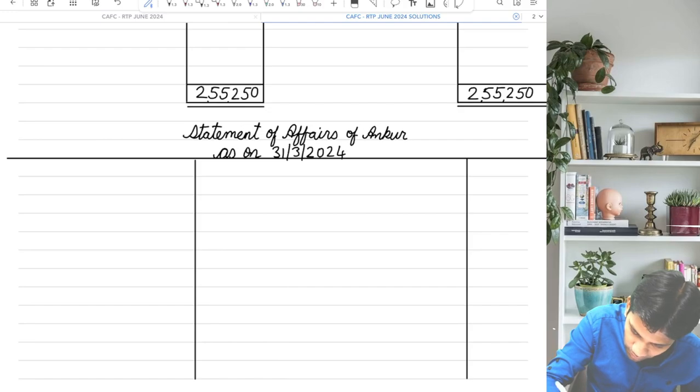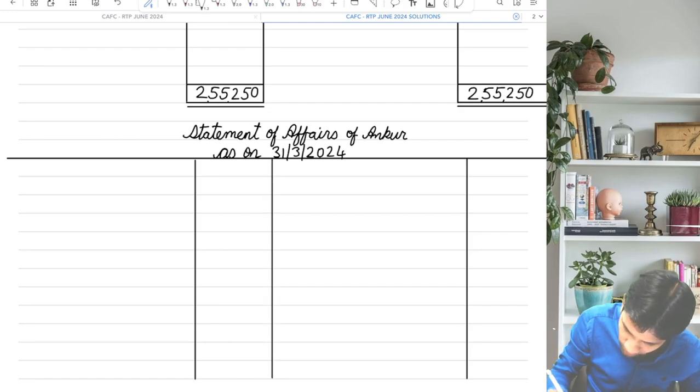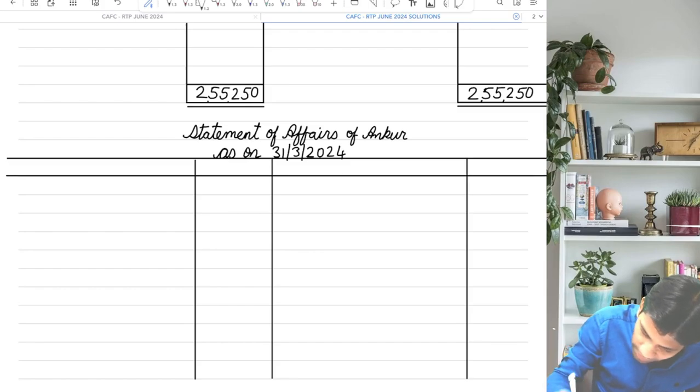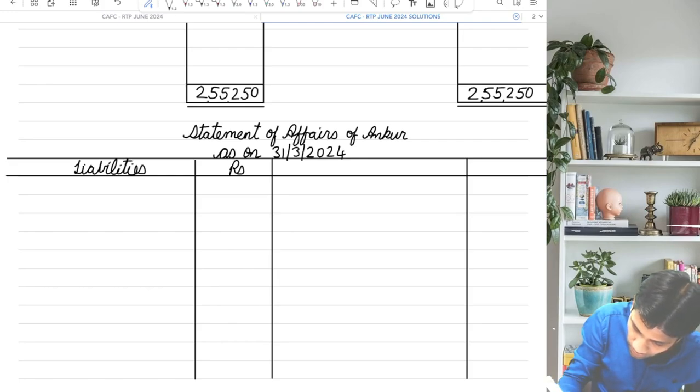Prepare like this. Fine. Again, this is liabilities and this is assets. Guys, so we have calculated opening capital. We are going to calculate closing capital.